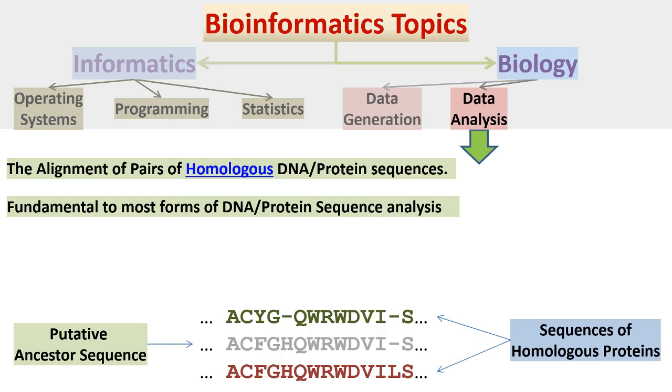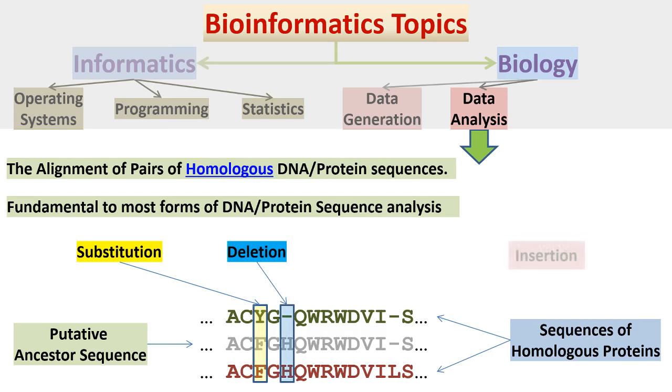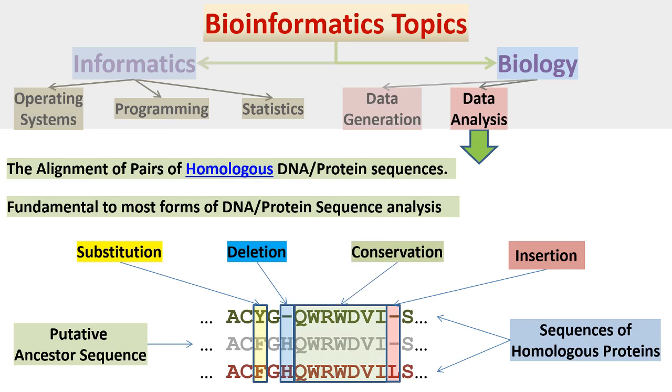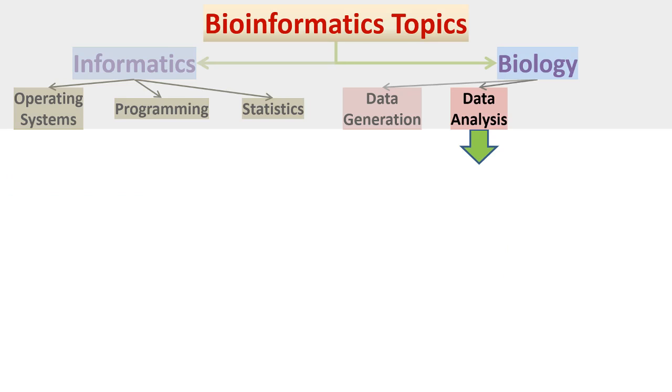Biologically, the padding characters represent insertions or deletions between the sequences being aligned and their putative ancestor. The proposed alignment represents the most probable combination of substitutions, deletions relative to the ancestor sequence, insertions relative to the ancestor sequence, and fully conserved regions, assuming some given set of statistical assumptions particular to the sequences being aligned.